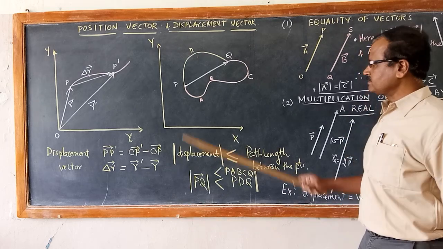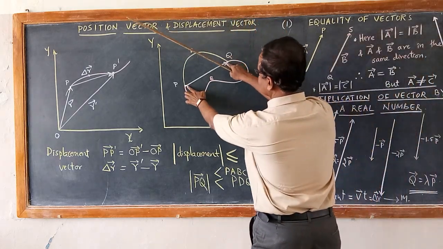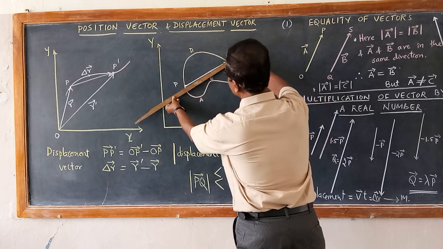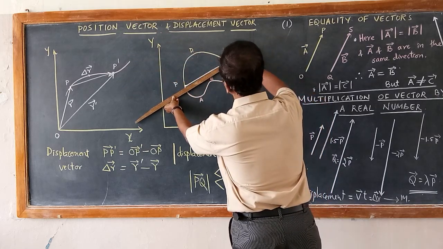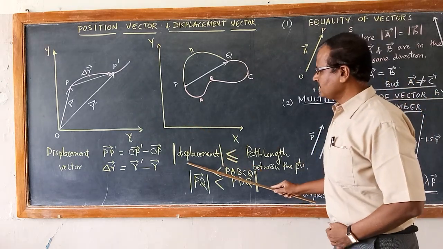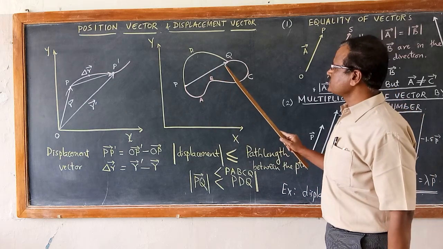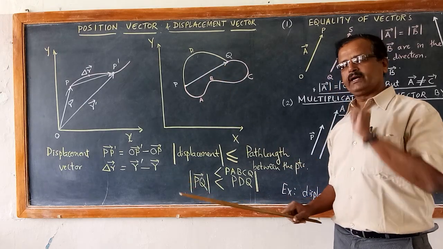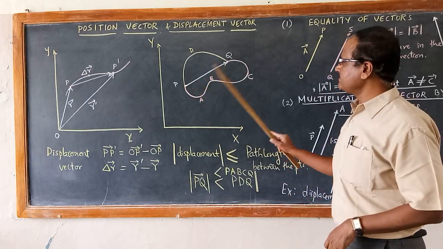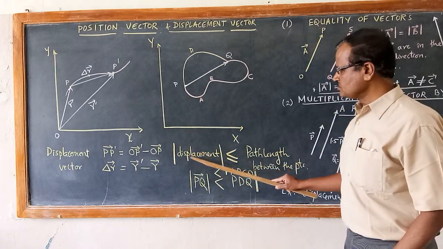So the magnitude of displacement. Magnitude means what? The actual length that we measure, say about 30 centimeters. That gives you the magnitude of the vector, and direction is shown by the arrowhead. The shortest distance from P to Q, measured, gives you magnitude.